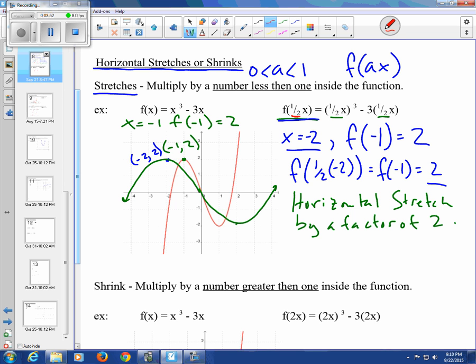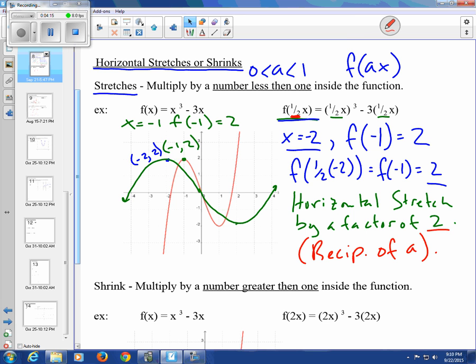This function is now twice as wide as it was before. It's taking twice as long to happen on the x-axis. And right here, what we want to notice is that that 2 is actually a reciprocal of the number we're multiplying inside the function by. So right here, we can say that in general, this is always going to be a reciprocal of that a value.